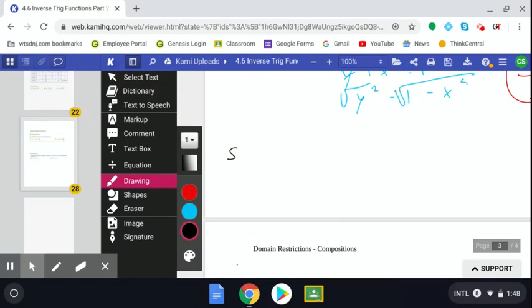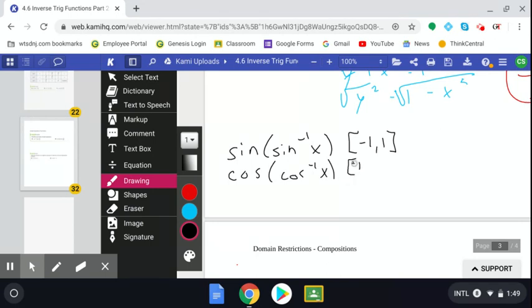Oh, here, okay. So sine inverse x. It needs to be between -1 and 1, including. And then for cosine of arc cosine x, the domain has to be between -1 and 1 again.